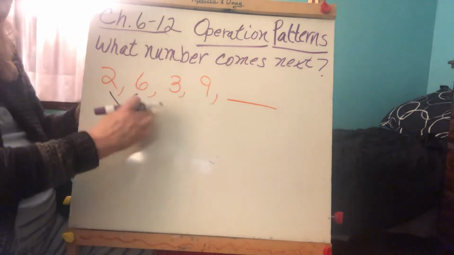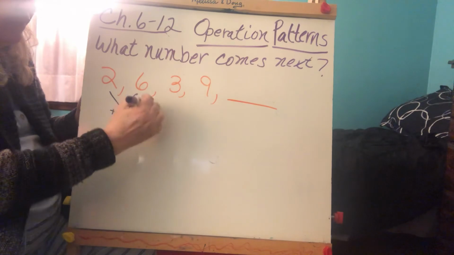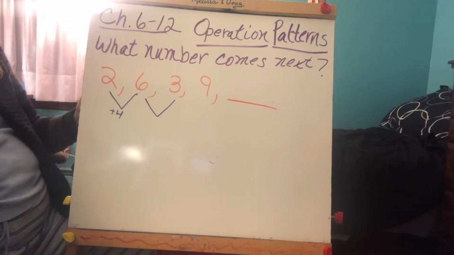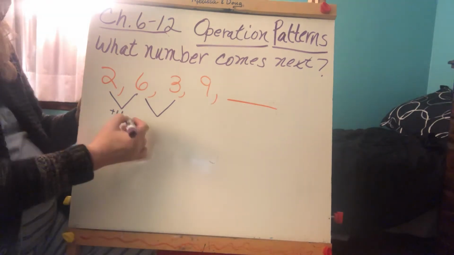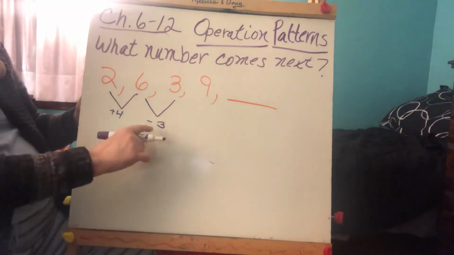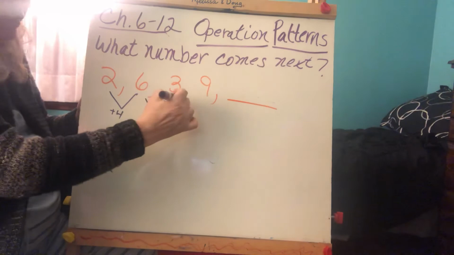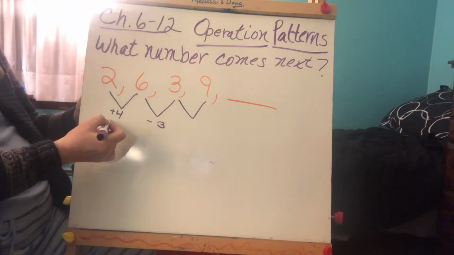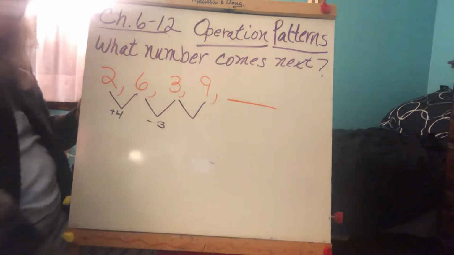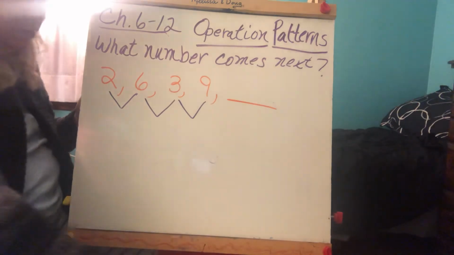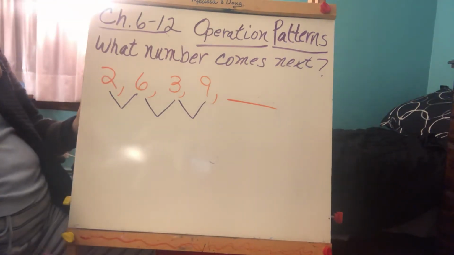Because then the next thing I would have to do is I'm going to get from 6 to 3, and I have to either multiply or divide or subtract. So I could do, I guess, minus 3. But then how do I get from 3 to 9? I have to either go back to plus 4, and adding 4 to 3 is only going to give us 7. So that didn't work. So maybe I should try multiplying then.